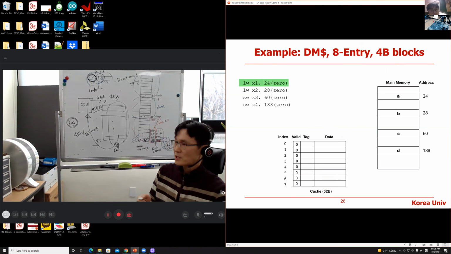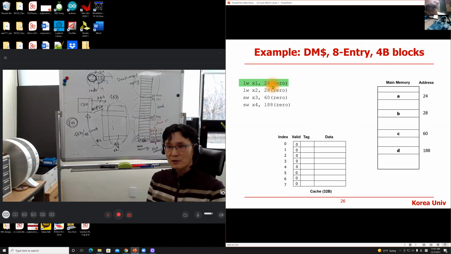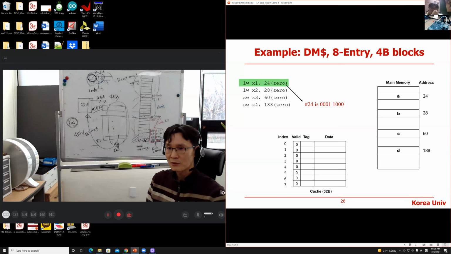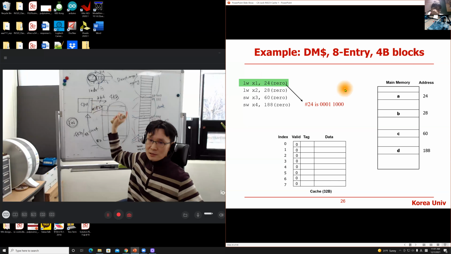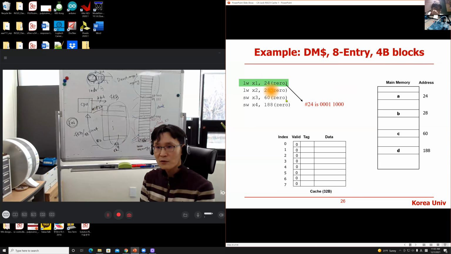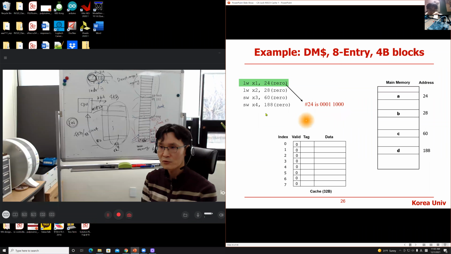The CPU is executing this LW instruction, address 24. In 8-bit binary, 24 is 16 plus 8. So how do you index the cache? How do you search the cache?